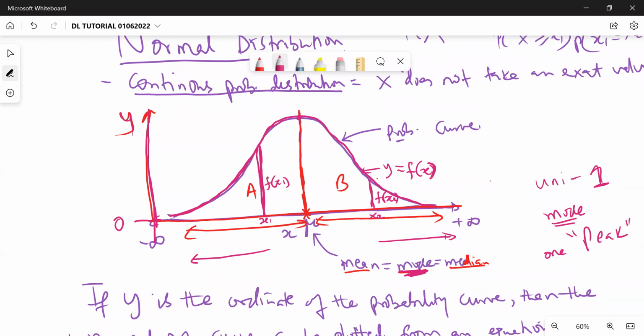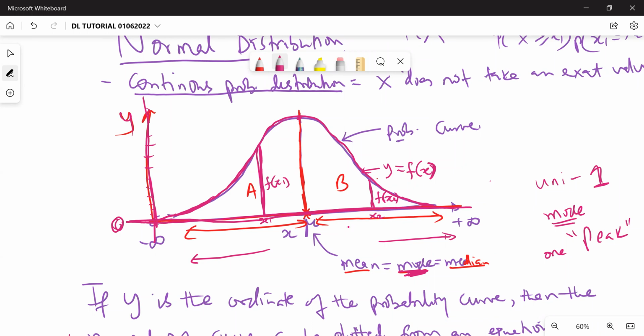So this is 0, value of y, and maybe these are decimal values all the way up. Somewhere up there we have a 1. So the value of y close to 0 means around this horizontal axis. So the curve comes closer to this as you move closer to minus infinity and positive infinity. That's the second property.